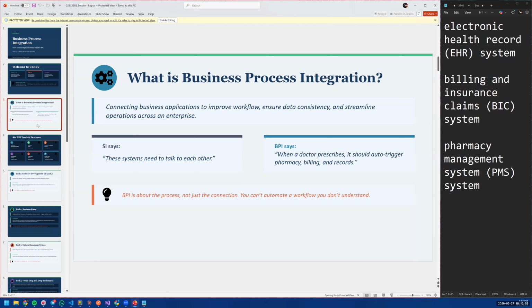And then it's supposed to have the patient's health record system update. So it's about the processes, not just the connection. We don't just want to have the connection laid out. We want to know specifically the rules that determine what's supposed to happen and when. So we'll have triggers, we'll have events, and we want to know what these triggers l    lead to. When an event occurs, what's supposed to happen?